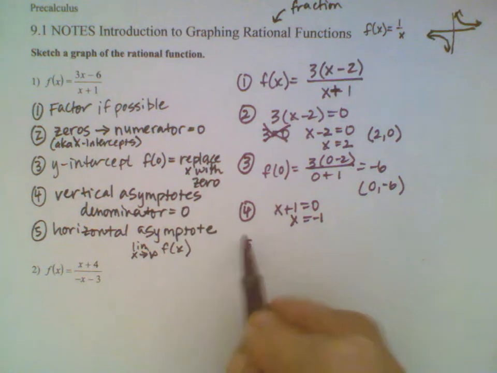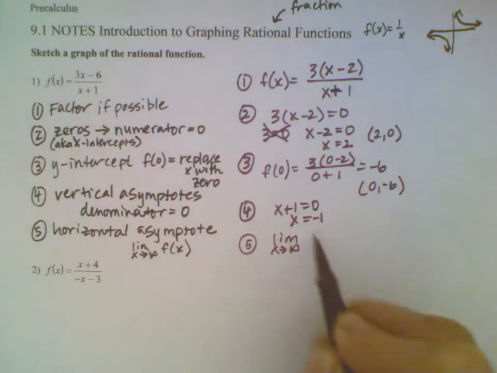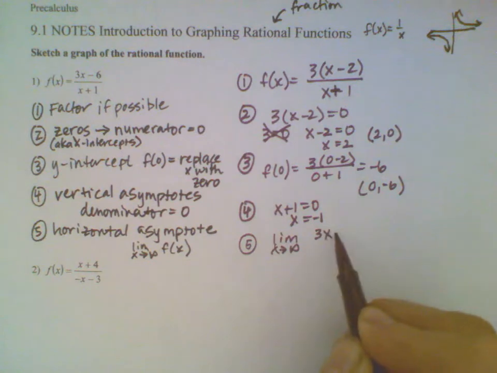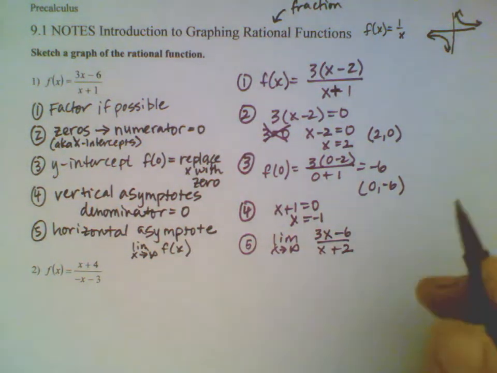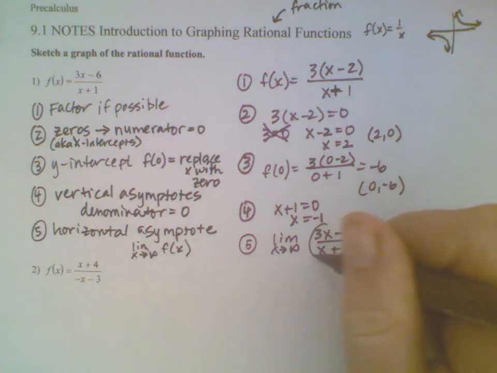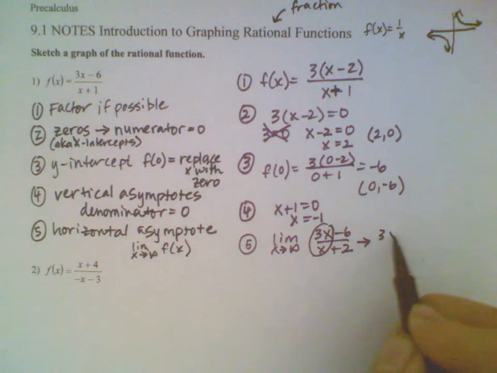And then my last one is the horizontal asymptote. I want to do the limit as x approaches infinity of this function. I'm going to write the original function, 3x minus 6 over x plus 2, in the unfactored form. I always think it's easier to find a limit from that. I go down to my lead terms. So then I rewrite that as 3x over x.